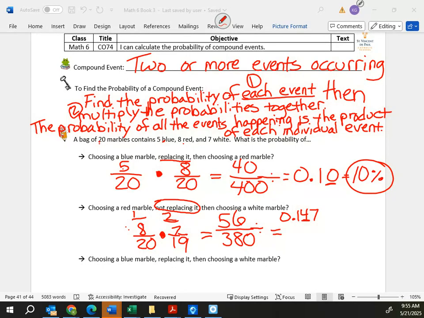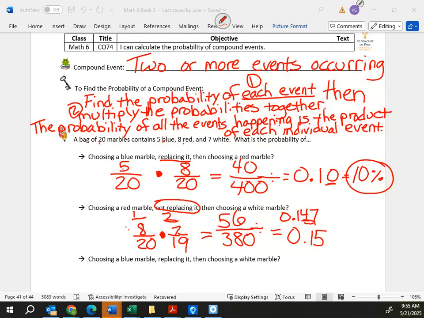So Bennett, if my 4 is followed by a 7, does it stay the same or round up? It rounds up. 5 or higher in that thousands place means we're going to round up. So what should my decimal be, Bennett? 0.15. Okay? So always, always, always double check your rounding.